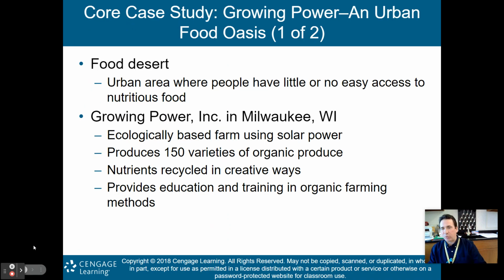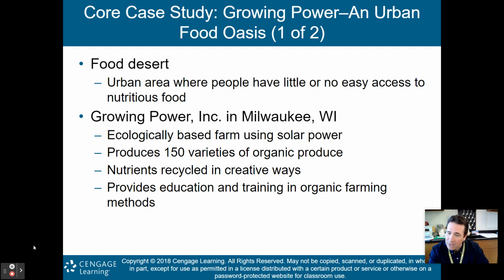All right, so we start off with a core case study, as we usually do with these lectures and the book we're using this year for environmental science, talking about Growing Power, an urban food oasis. So what are we talking about here? Well, a food desert is urban areas where people have little or no easy access to nutritious food.